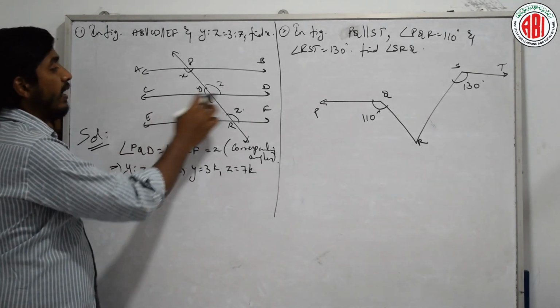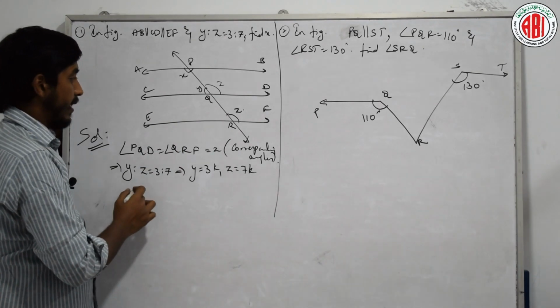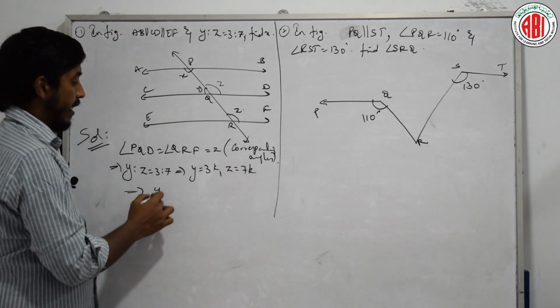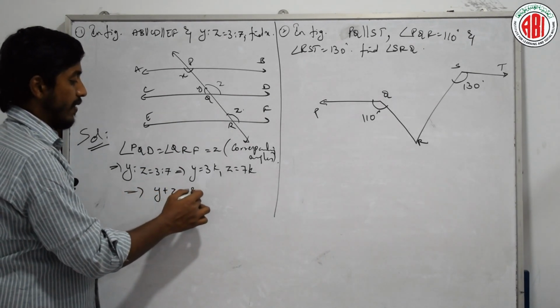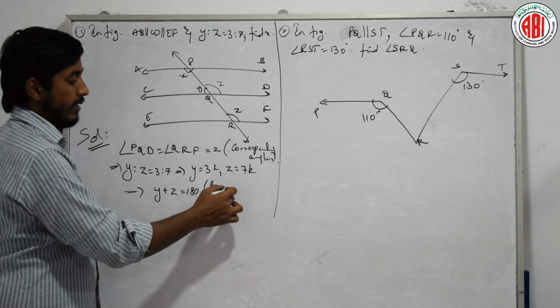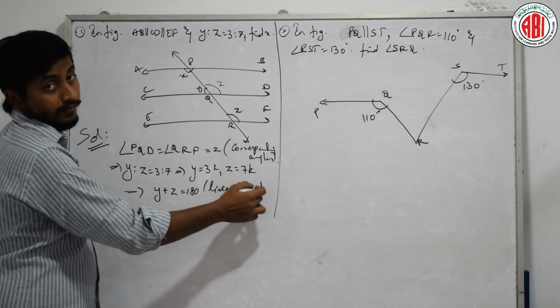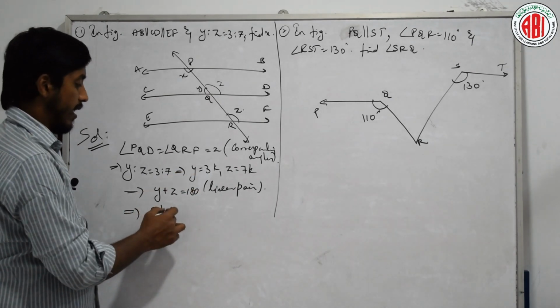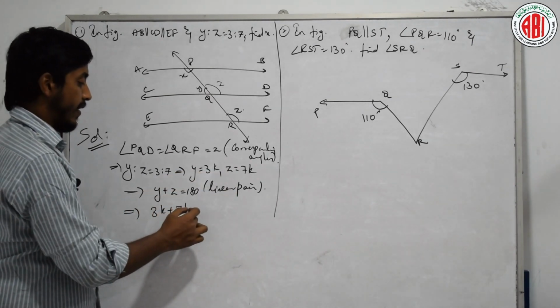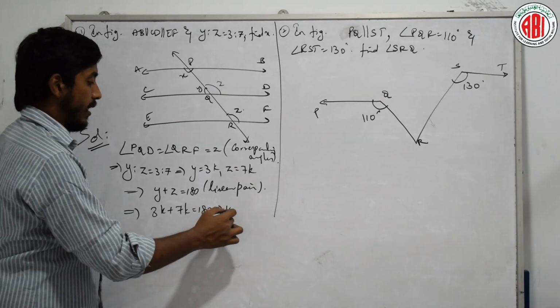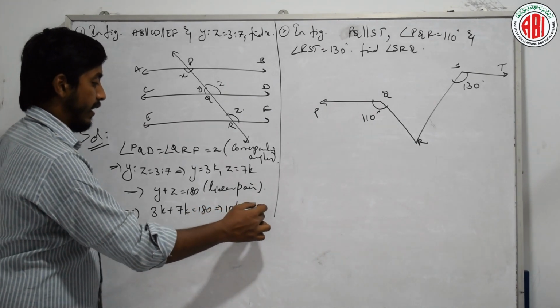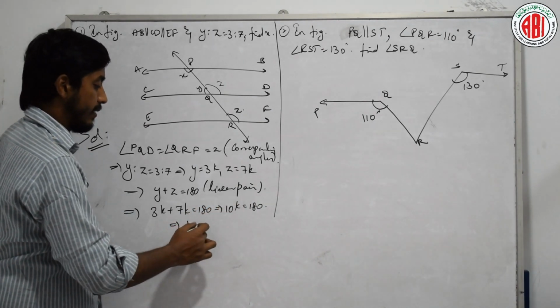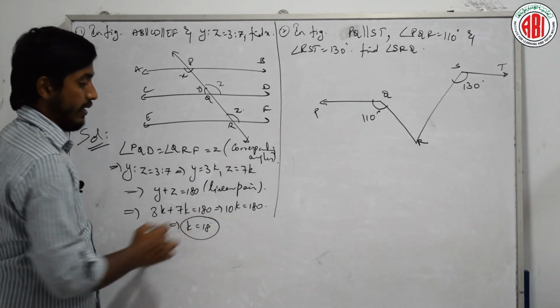Now, here these both are linear pair, therefore, y plus z is equal to 180. Isn't it? Fine. Now tell me what is y? 3k, z is 7k. Therefore, 10k is 180, k is 18 degrees.